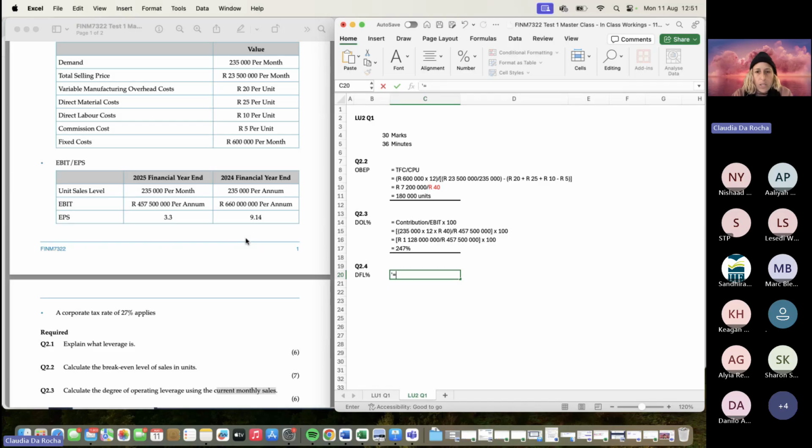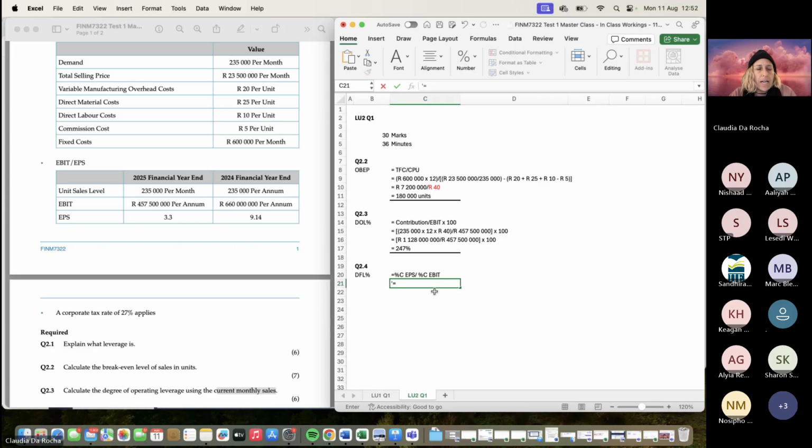The formula that we're using is your percentage change in EPS divided by your percentage change in EBIT. Luckily for us, we do have our EPS number, we do have our EBIT. So how do we calculate this? To do our percentage change, we have to deduct the two values from each other. So we've got the 9.14 and the 3.3. So what has changed?